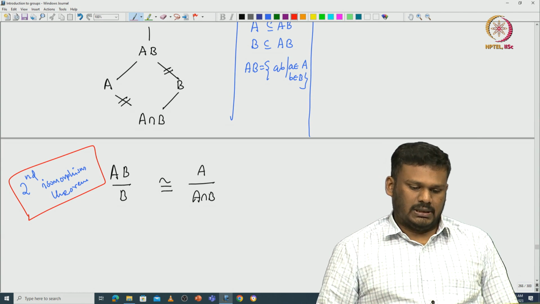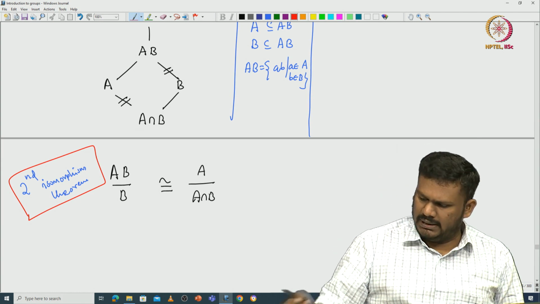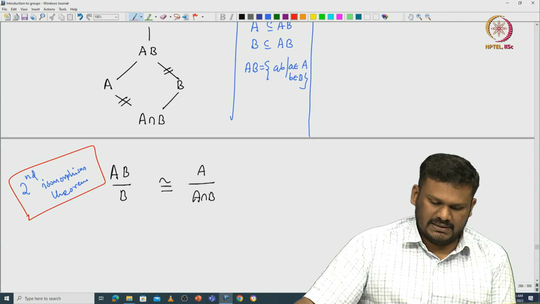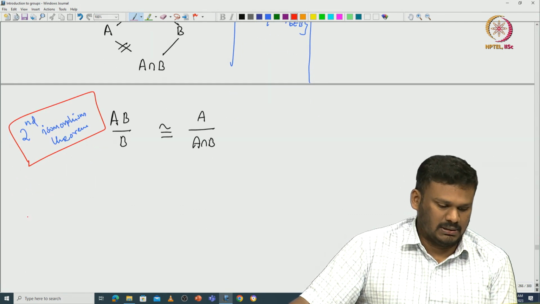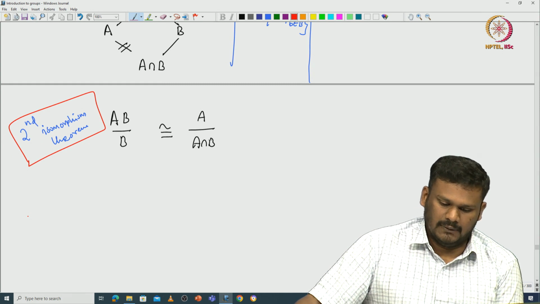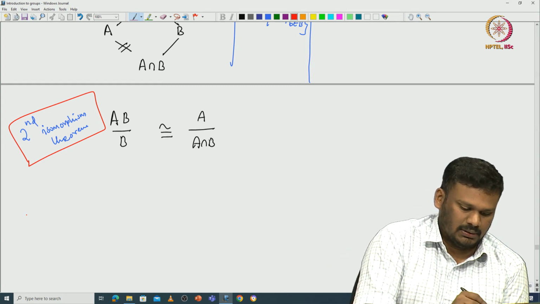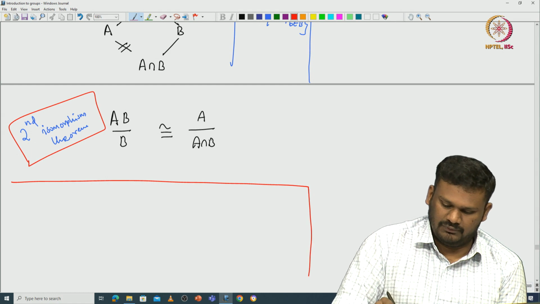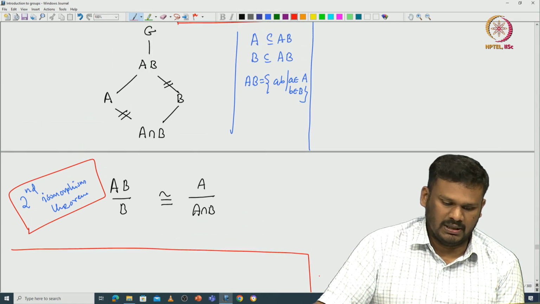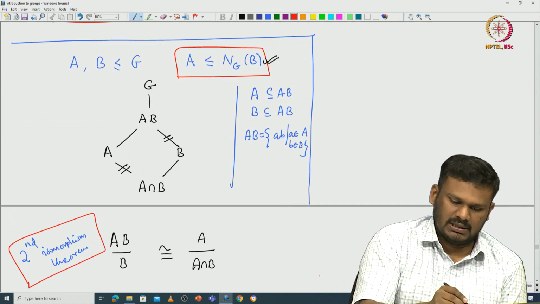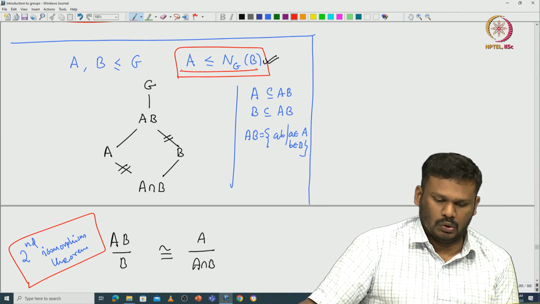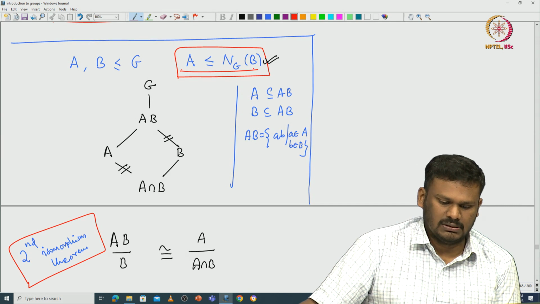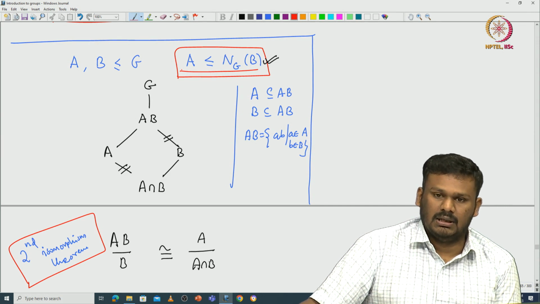So let's try to properly prove all these things. Before stating the proper second isomorphism theorem, let me prove this proposition which I promised, because under this condition I said AB becomes a group. That is the first thing to verify. There are many facts to verify.